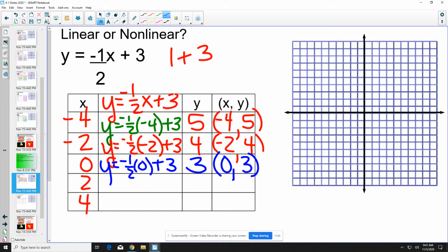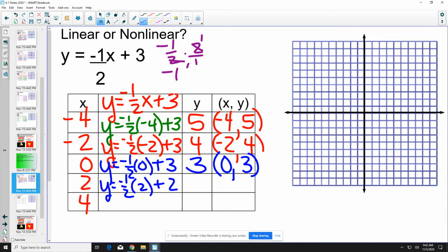Now we're going to put 2 in for x. So in your table, write this down. Y equals -1/2 times 2 plus 3. So I have to do -1/2 times 2. A negative times a positive is a negative. I could think of this as 2/1 and cancel my 2's, and I'd get a -1.